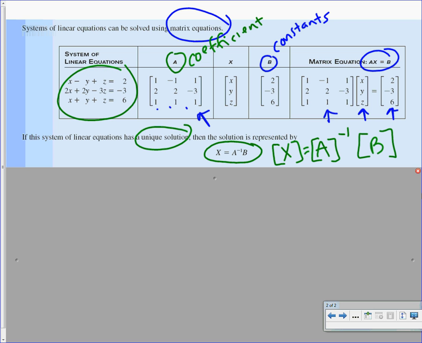Then you're going to go back to your home screen. That's second quit. And you're going to do second matrix again, but this time you're going to stay in the name column. You're going to hit enter, and that'll bring matrix A onto your home screen. You'll then press the inverse button. It's the X-1 button, same button you're using for the matrices, but without the second button first.